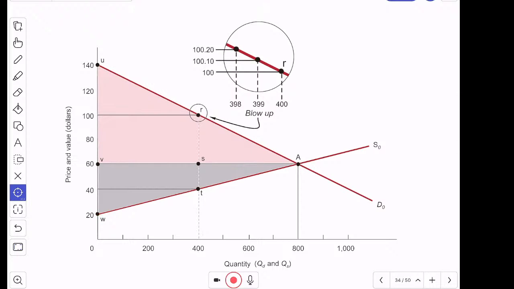Similarly, at this price, no supply is provided. But at a higher price, suppliers can be induced to produce. Okay, so you see quantity supplied increases from there all the way to the equilibrium price.